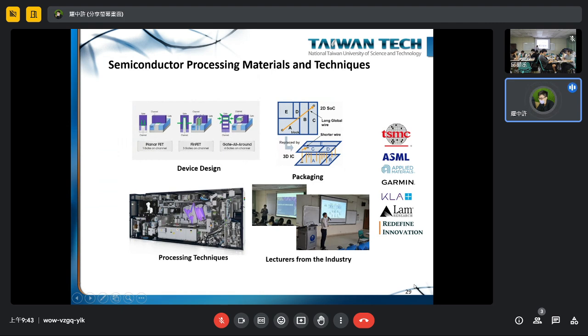So now, when you try to reduce the size, what can you do? We go from 2D to 3D packaging. 3D packaging is like you try to build a building, from one layer to multi-layer. But this time, you need to connect your wires vertically.